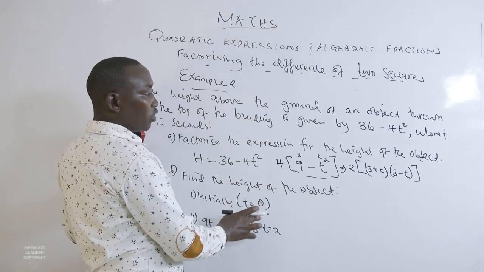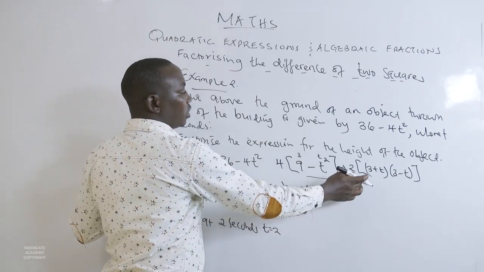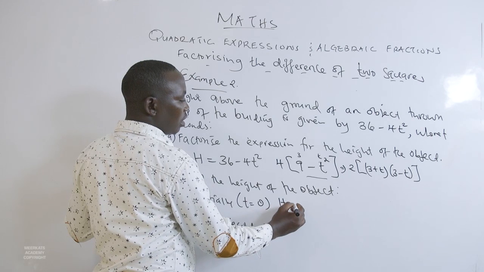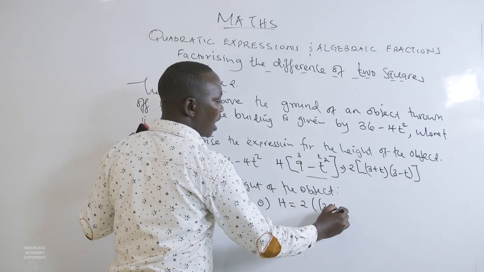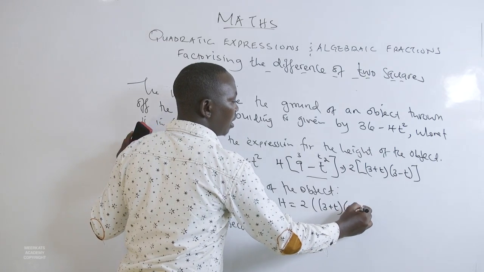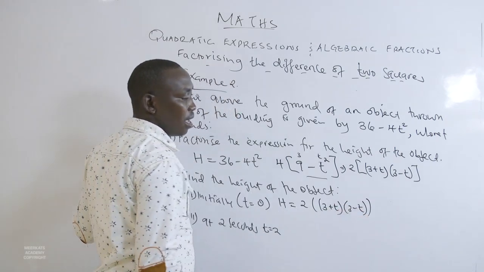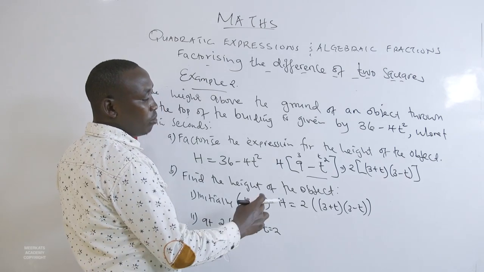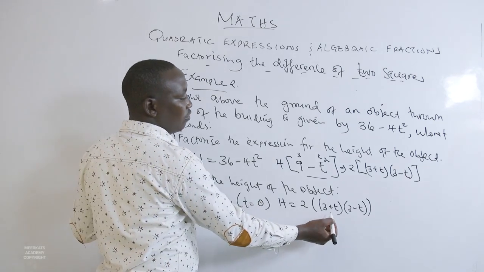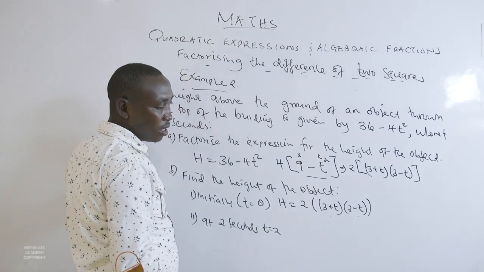For the first part, the height will be equal to 4 into 3 plus t, 3 minus t. Our t, we have said, is 0. So when you make the replacement, this will give you 3, this will give you 3.